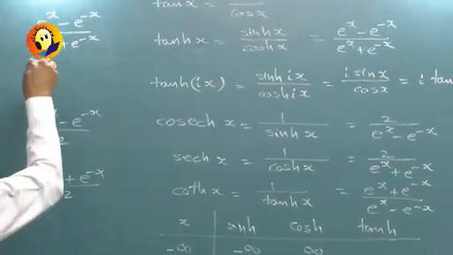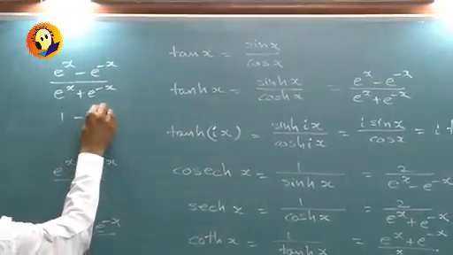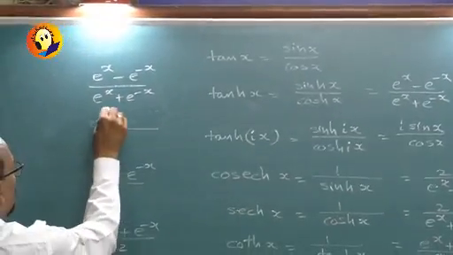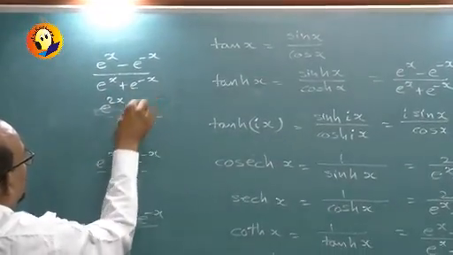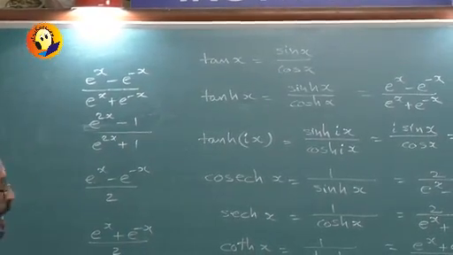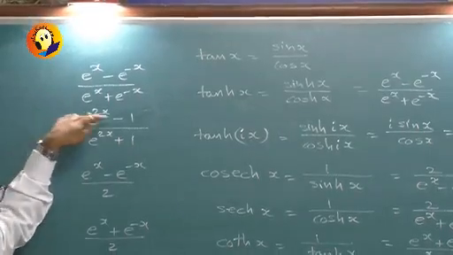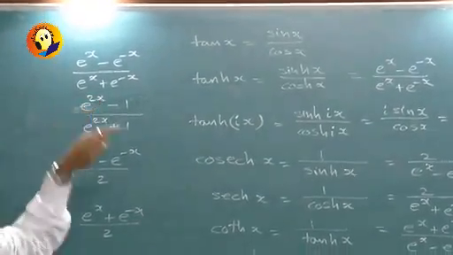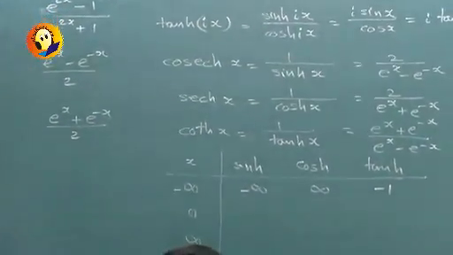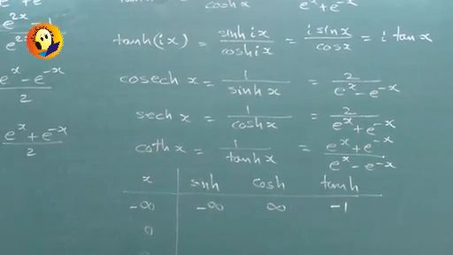If I multiply numerator and denominator by e raised to x, it will be e raised to 2x minus 1 upon e raised to 2x plus 1, and I put x equal to minus infinity. This is 0 minus 1 upon 0 plus 1. Answer is minus 1. So it is not indeterminate. You will have to adjust it differently.